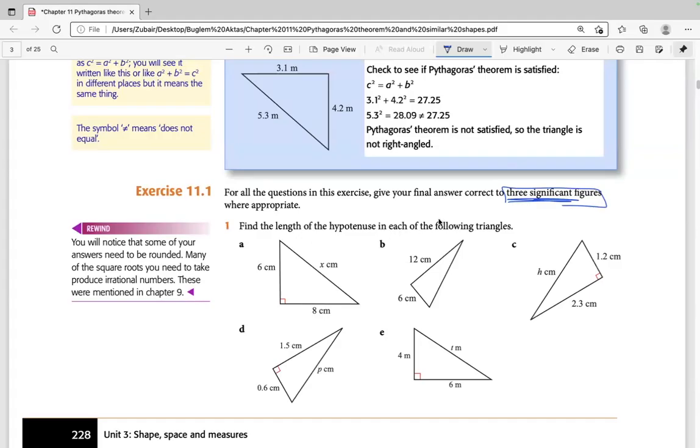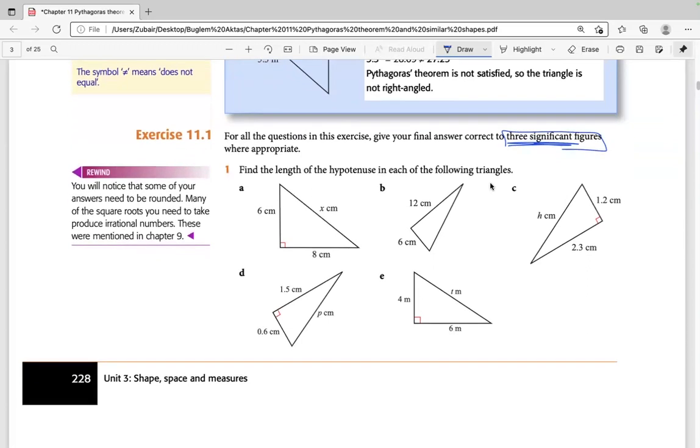So find the length of the hypotenuse in each of the following. We'll do one from each because they have the same nature. Let's try this C part with decimals.